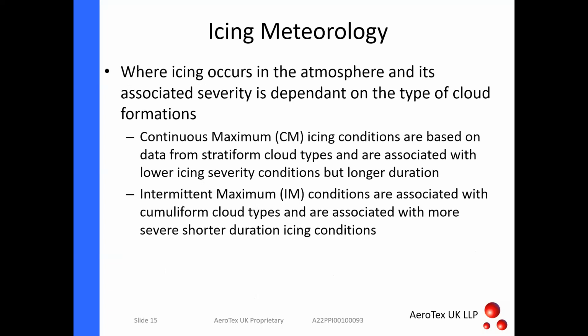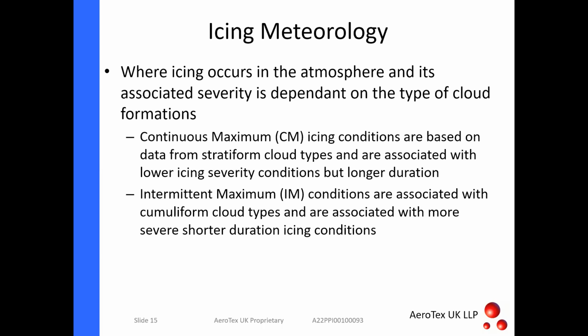So in terms of where icing occurs in the atmosphere, and its severity, we've got two basic classes. They're called continuous maximum icing conditions, and these tend to be associated with stratiform clouds. These are quite large, sort of longitudinally, so you can spend a long time in these atmospheres.